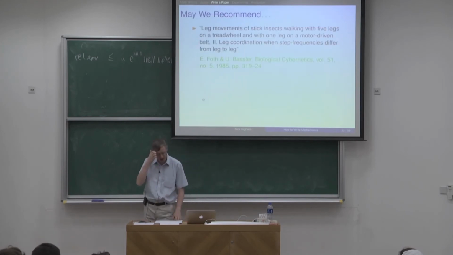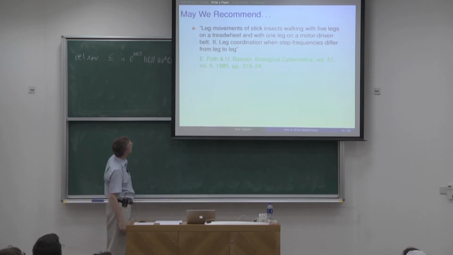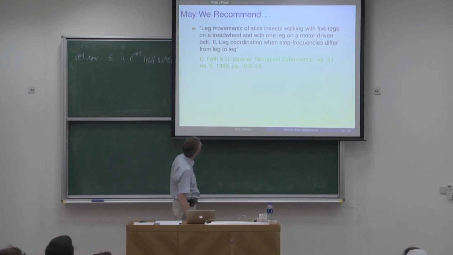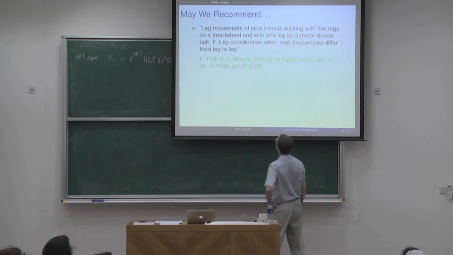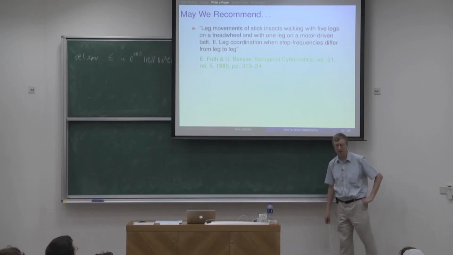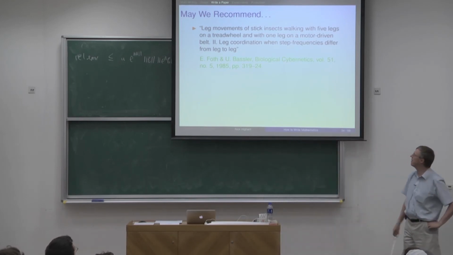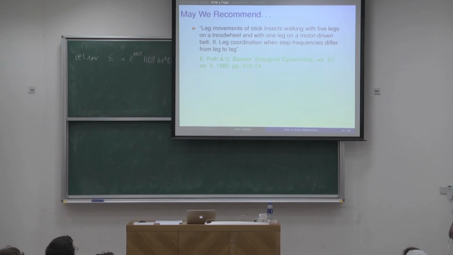There are some really bizarre titles out there in the literature. Look at this one: "Leg movements of stick insects walking with 5 legs on a tread wheel with 1 leg on a motor-driven belt." I can't quite decide if that violates my principles of titles, but what's actually happening is so horrendous, I don't even think about it.